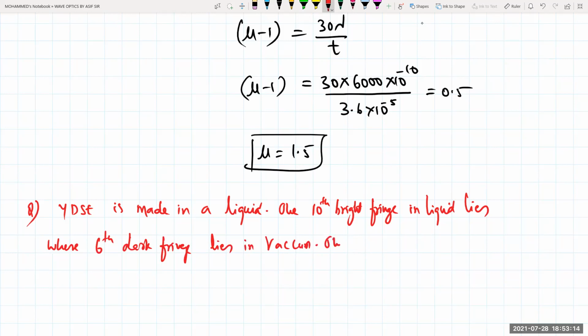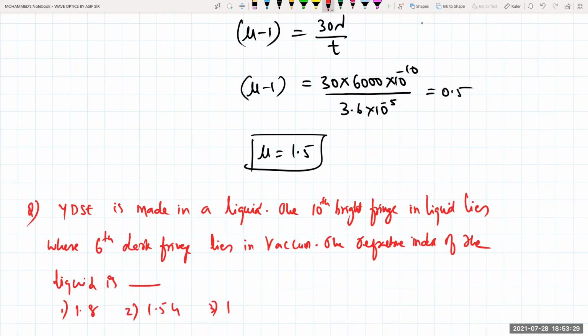The refractive index of the liquid is: options 1.8, 1.54, 1.67, 1.2.